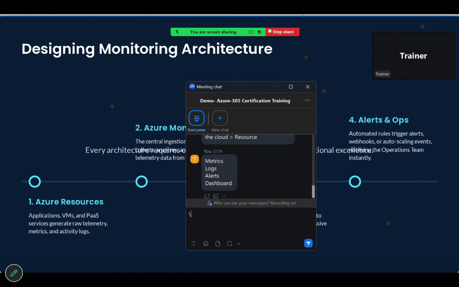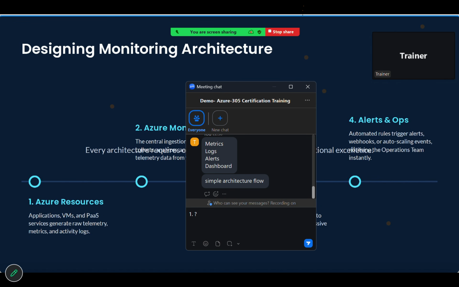So if I tell you this, what will be the simple architecture flow? Can you write here in chat what the simple architecture flow will be? What will be the first? Tell me.